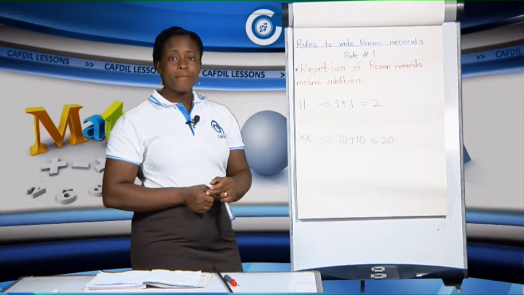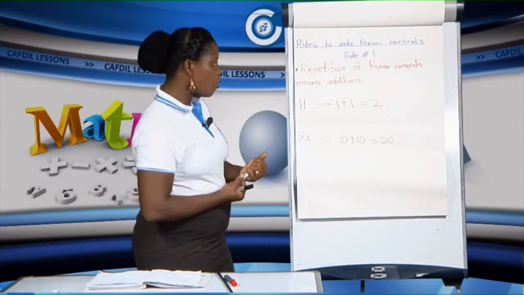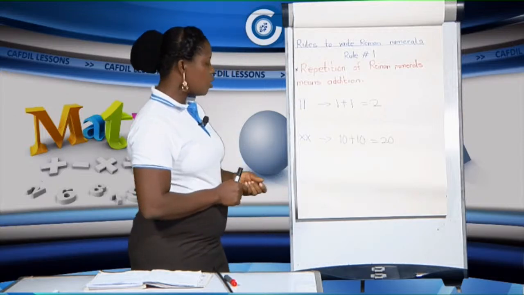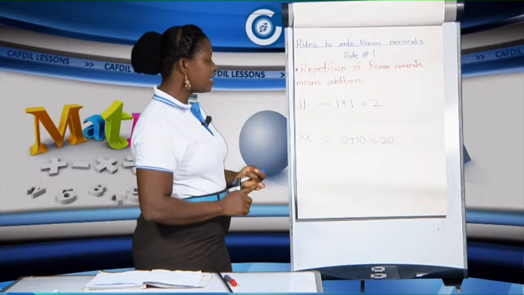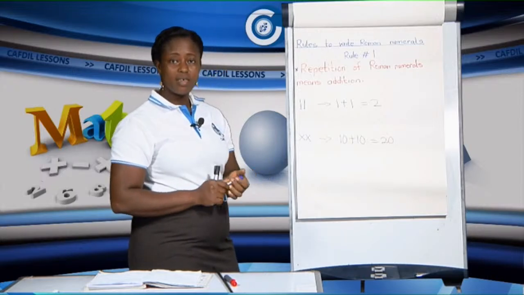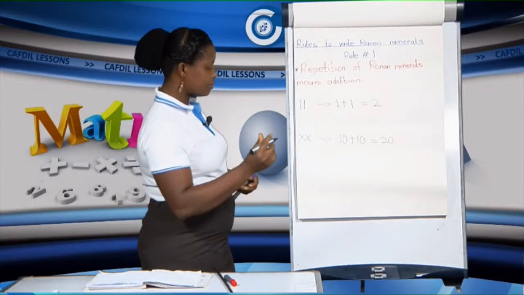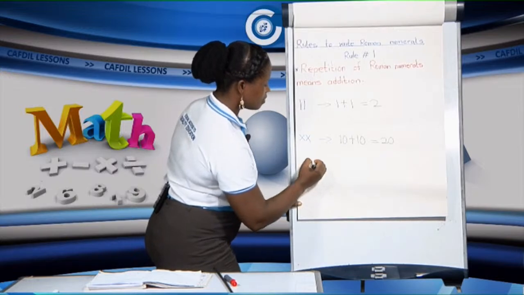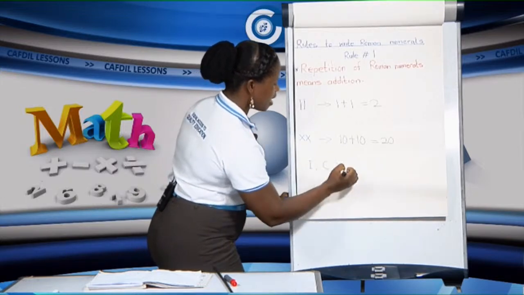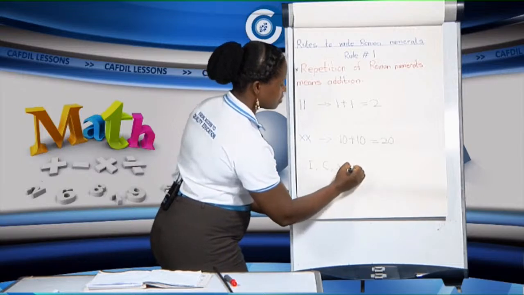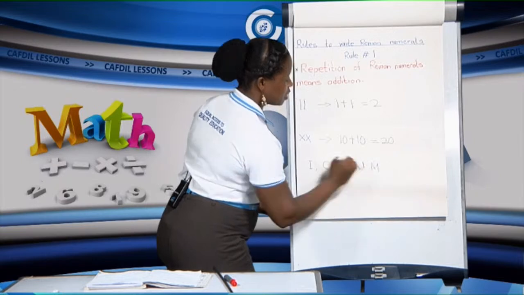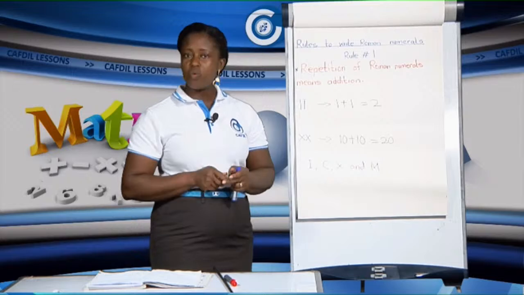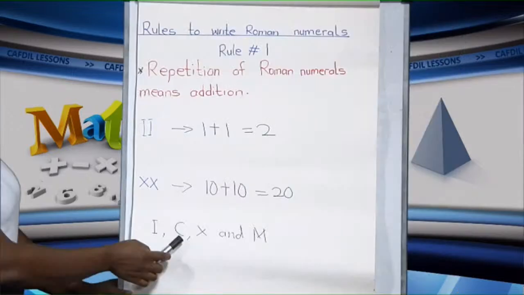There is something I want you to know over here. When repeating Roman numerals, only I, X, C, and M can be repeated. I, X, C, and M can be repeated, so repetition means addition for them.